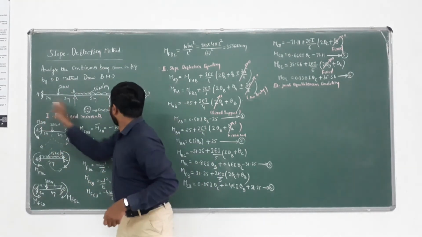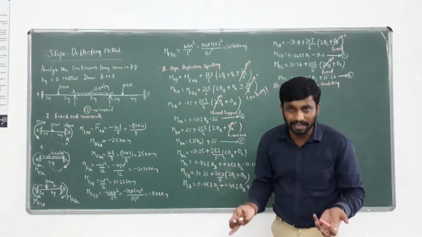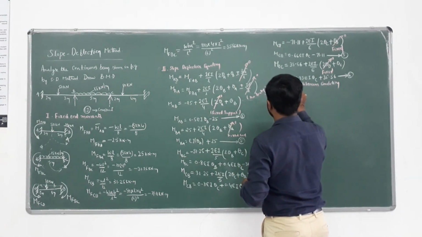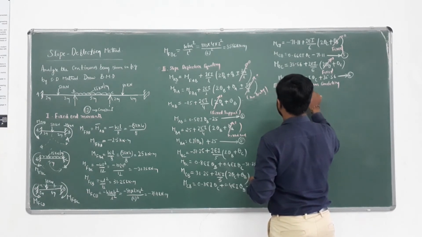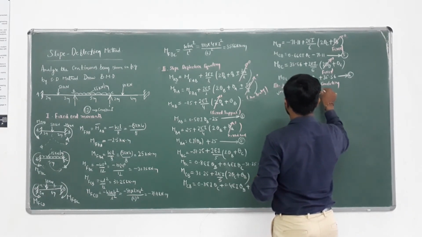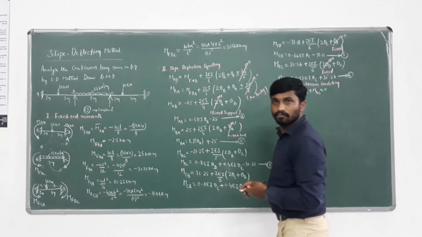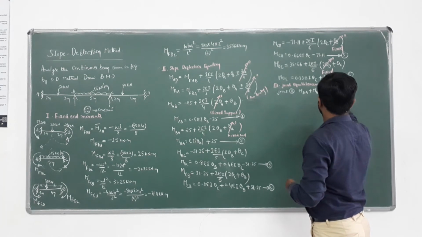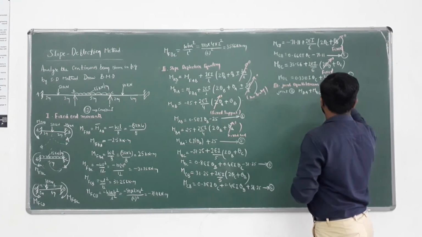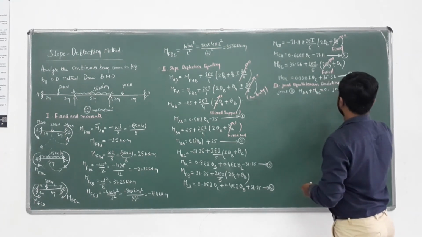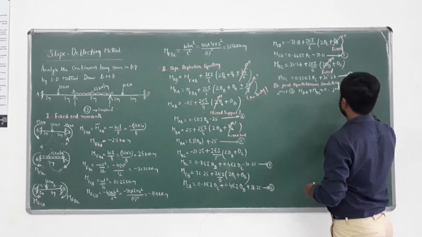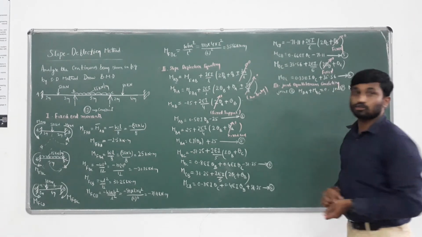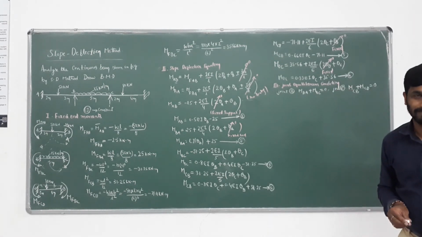At joints A and D, 0 because they are already fixed. So for joint B, MBA plus MBC equals 0, and for joint C, MCB plus MCD equals 0. There are two joint equilibrium conditions.